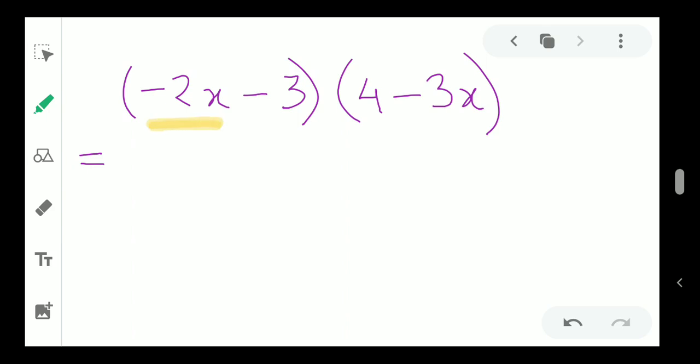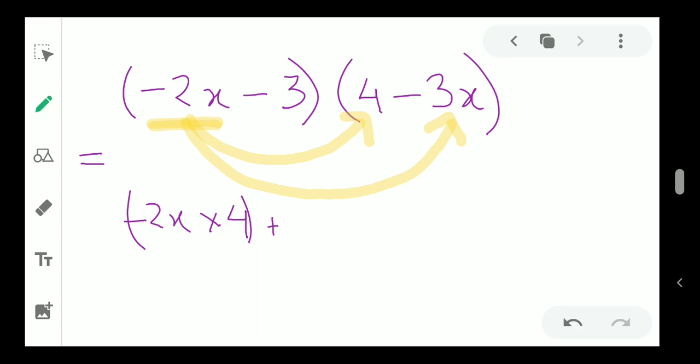So minus 2x is going to be multiplied with first this quantity and next this quantity. So what I am going to get, I am going to get minus 2x into 4. Again, now see, now what I am doing, plus, you give plus.